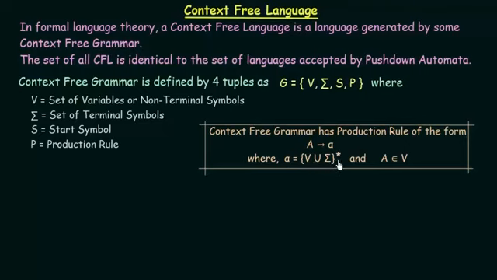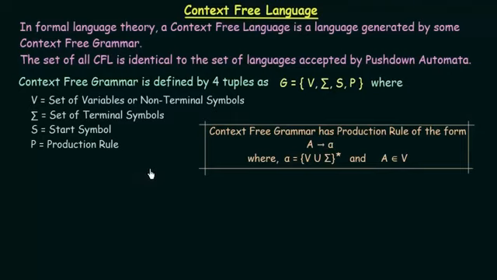And since it is a closure, it could also be empty, or anything made from non-terminal and terminal symbols. And A belongs to V, that means A belongs to the set of non-terminal symbols. Okay, so this is how we formally define a context-free grammar.